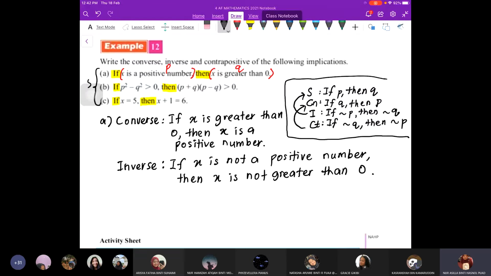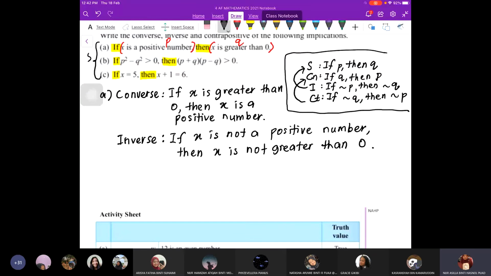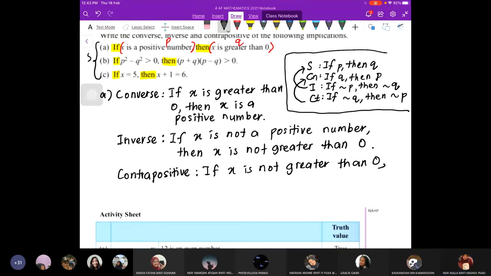Okay, so contrapositive kita tukar sahaja kedudukan P and Q, negation P and Q. So if X is not greater than 0, then X is not a positive number.